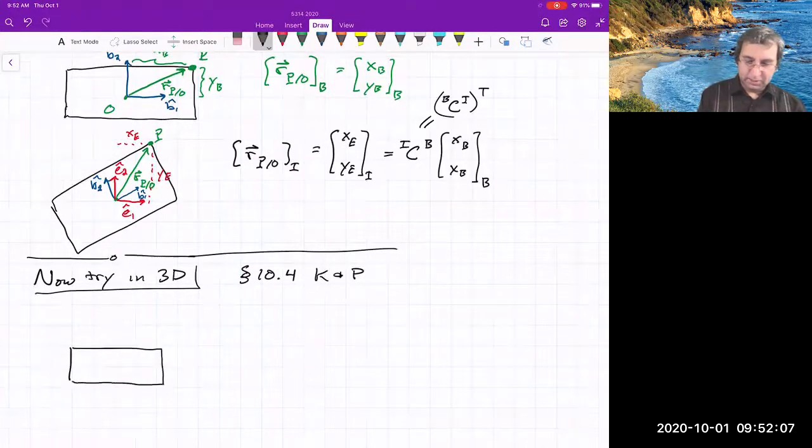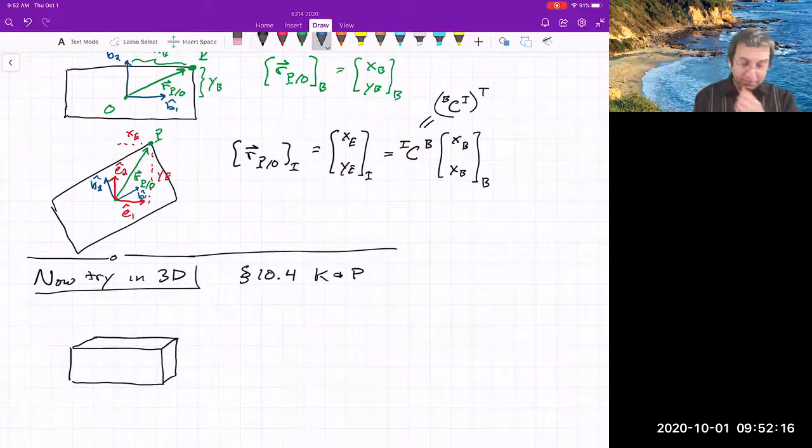So now, instead of just like a square, I've got some solid block, and I've got some body fixed vectors, B1, B2, B3.